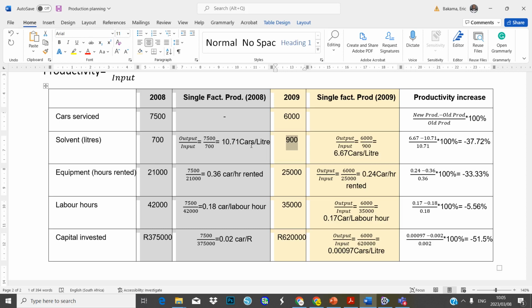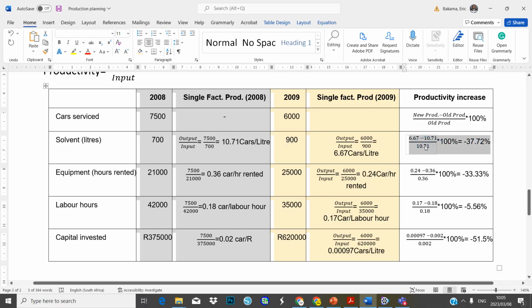But when you include a percentage, it really helps. If I tell you today that our productivity in terms of solvent has decreased by 37.72%, it makes things easier. So we know at least that there's been a decrease. Obviously that decrease would be worse if it was 50%, even though it's 37, but at least people know where they stand. So this is why the productivity increase is very important.